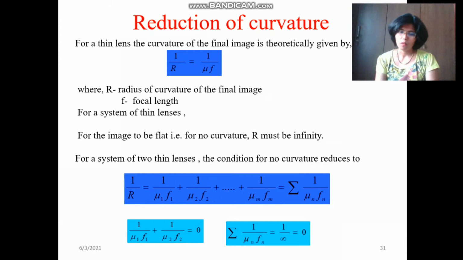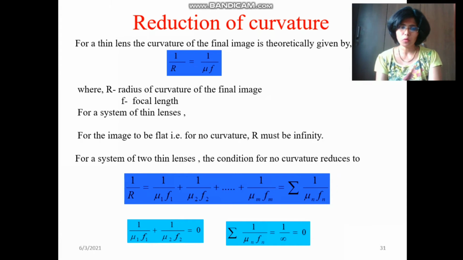For a system of two lenses placed in air, the condition for no curvature reduces to 1 upon mu1 f1 plus 1 upon mu2 f2 equal to 0. This condition is known as the Petzval condition for no curvature in the image. This condition holds good whether the lenses are placed in contact or separated by a finite distance.